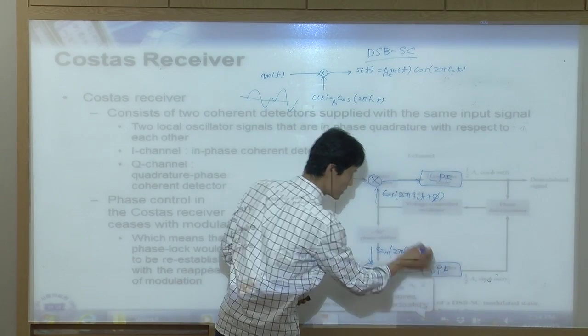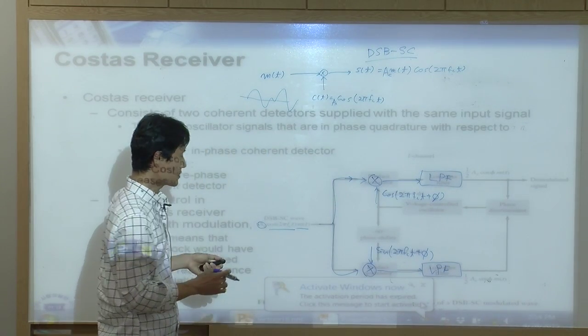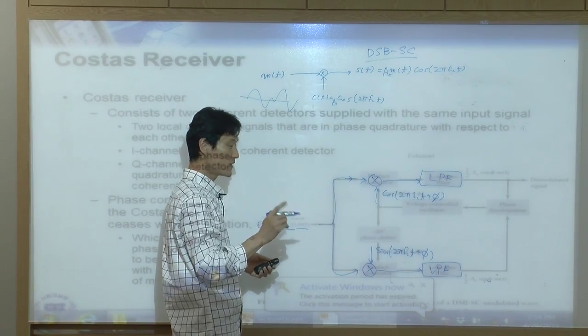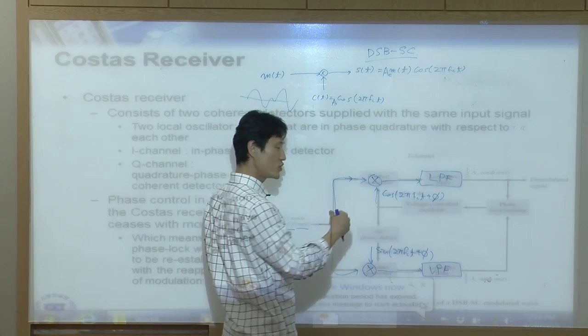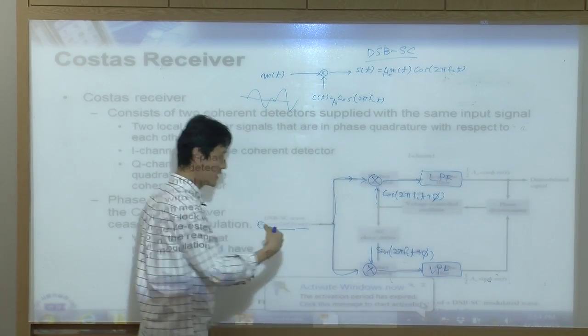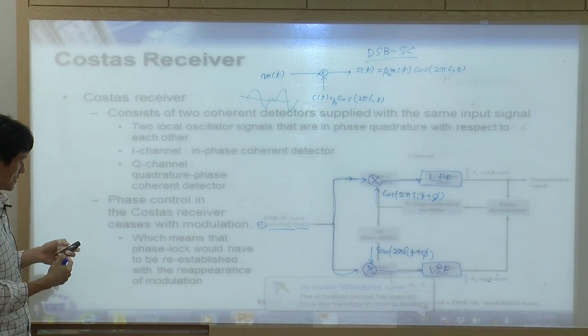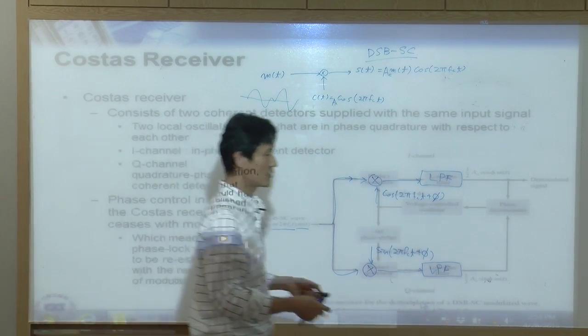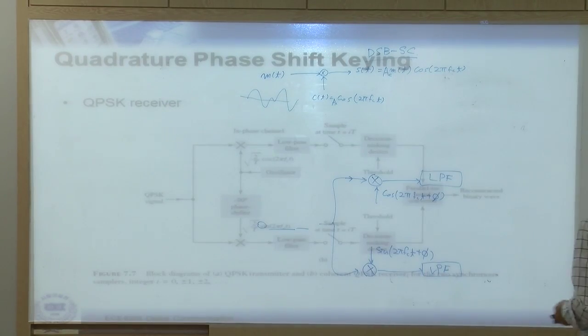So when you look at this structure, so far, this structure is exactly the same as QPSK. The only difference is that in the previous QPSK receiver, we have 0 on the phase. Let's go back to the QPSK receiver.